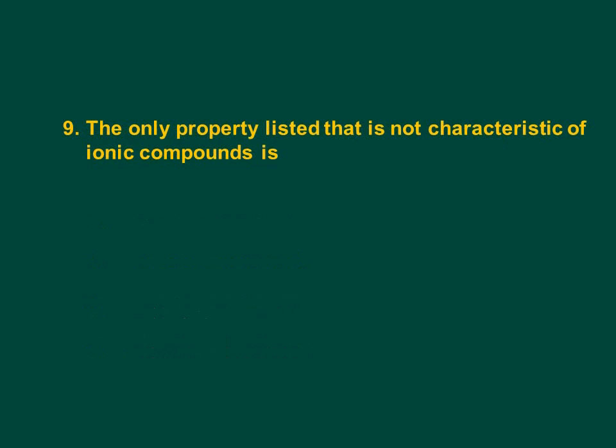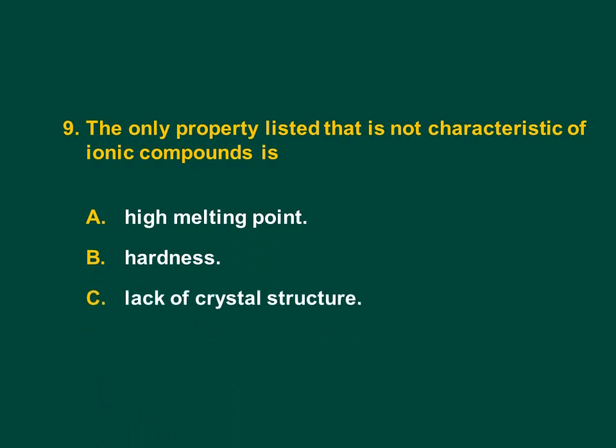Question 9. The only property listed below that is not characteristic of ionic compounds is high melting points, hardness, lack of crystal structure, brittleness. Which one is not a property of ionic compounds?